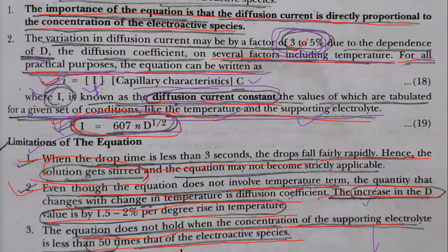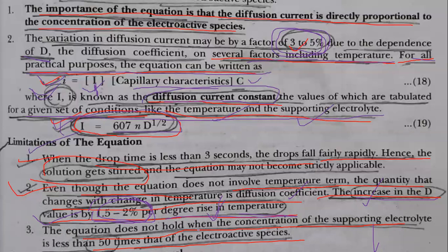D increases by 1.5 to 2% per degree Celsius rise in temperature.